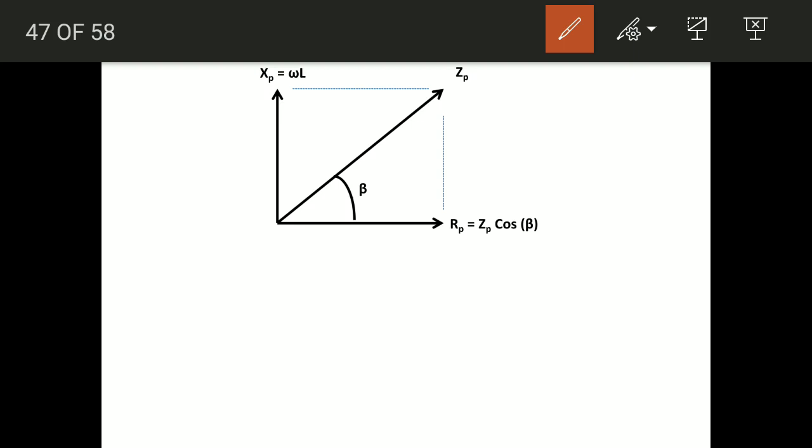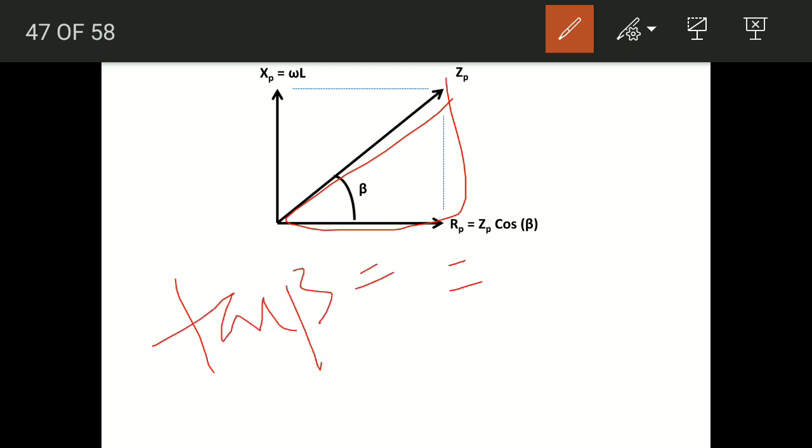Now what we are going to do, we are going to replace the total impedance of the pressure coil path in terms of its resistance, and from the knowledge of our network theory, we know that we can write this Rp is nothing but Zp into cos of beta. Actually this triangle is known as impedance triangle, and if you apply a trigonometric formula over here, we can write tan beta is nothing but opposite by base.